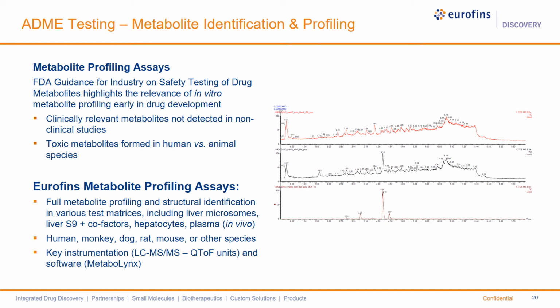And we can do this in both the human as well as a variety of different animal species situations. What is key to this are extensive mass spectrometry capabilities, and they really drive the ability to separate out and evaluate the different metabolites that are formed.